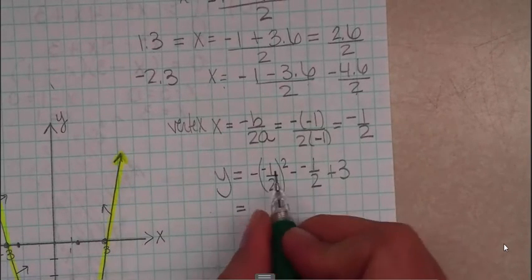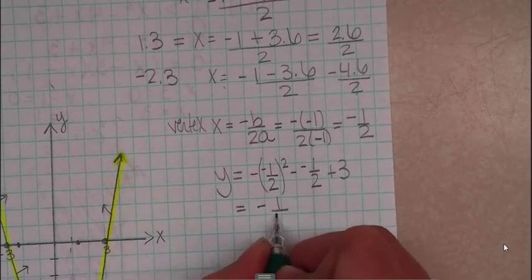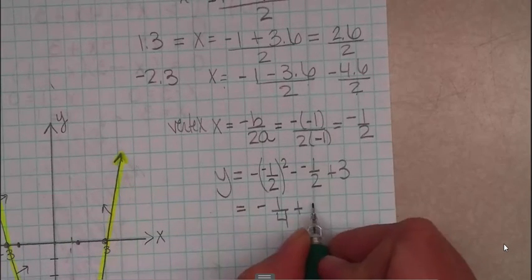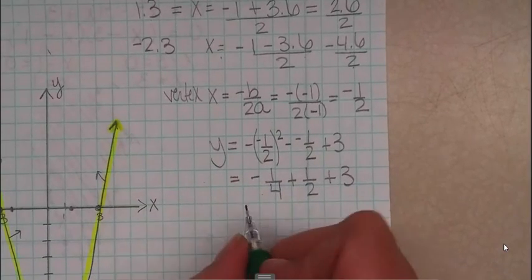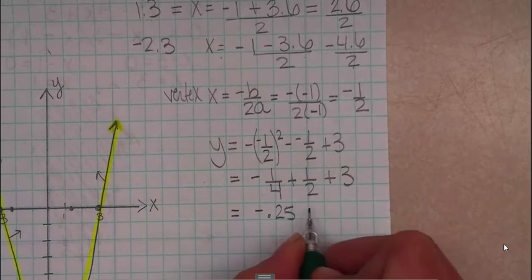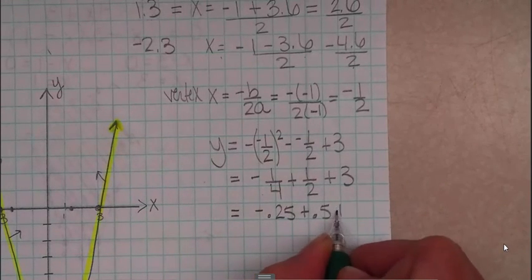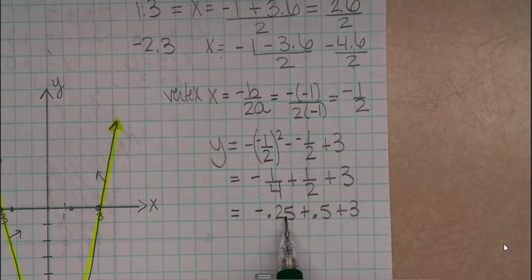So let's see, over here I get -1/4 plus 1/2 plus 3. So you could turn that into decimals if you want. So that's going to be -0.25 plus 0.5 plus 3. So that looks to me like it's 3.5 minus 1/4. That's going to be 3.25.